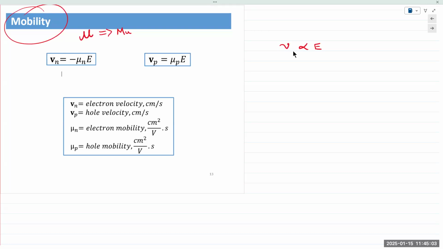Holes can only move from spot to spot. A hole only appears if an electron has left its spot, but if an electron jumps into an empty spot, that hole disappears. So electron mobility is higher because they are not localized in the silicon lattice structure. But holes are localized, so mobility for holes is far less than the mobility for electrons.